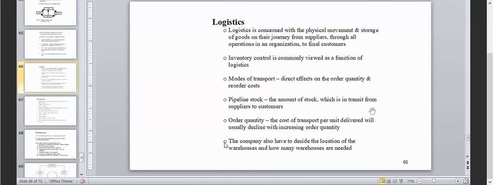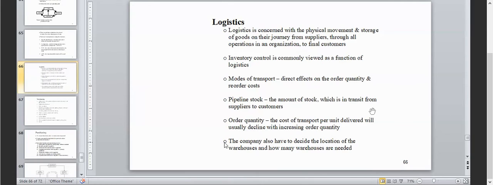Under logistic, there are a number of modes of transport, and the mode of transport will affect directly the order quantity and the reorder cost.